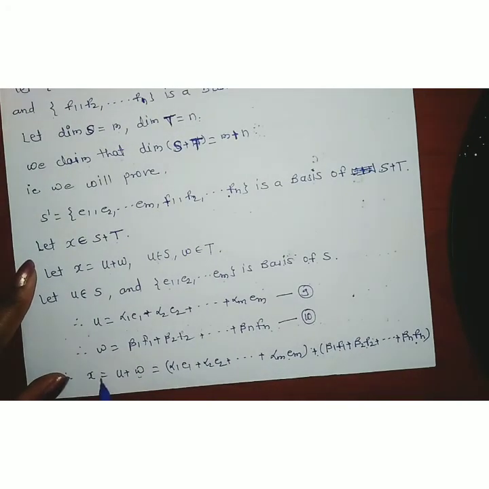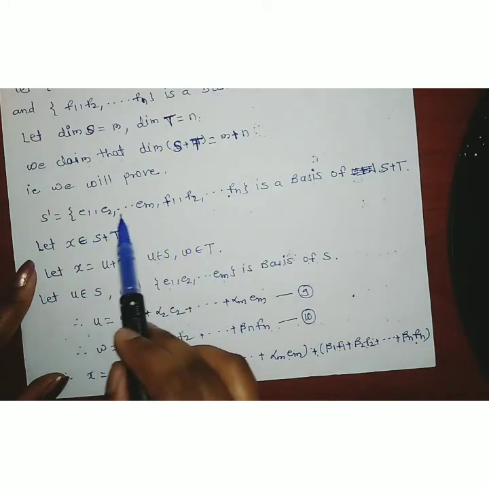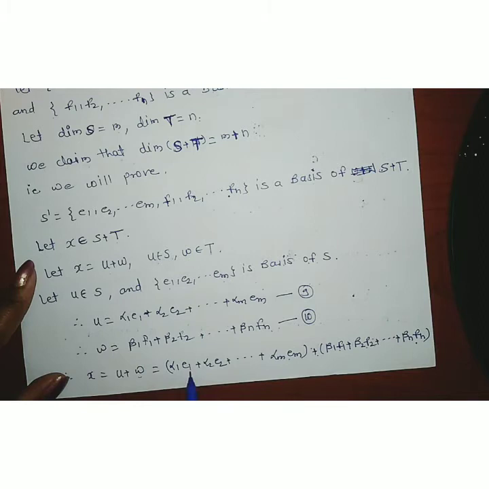Now look here, we have to show that X is a linear combination of all these vectors. The first term is a multiplier of E1, the second term is a multiplier of E2, up to the M-th term which is a multiplier of Em, then the M plus 1 term is a multiplier of F1, F2 up to Fn.